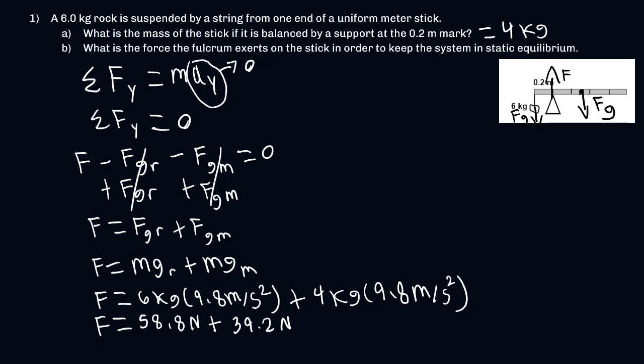The force upwards is going to be 98 newtons. So that 98 newtons should balance us out and keep the entire system in static equilibrium, along with the sum of all torques in the previous part of the question. So let's move into example number 2.